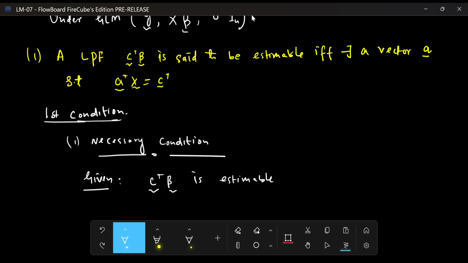We are given that this is estimable. On the basis of this information, we need to prove A curl transpose X curl is equal to C curl transpose. Clear?